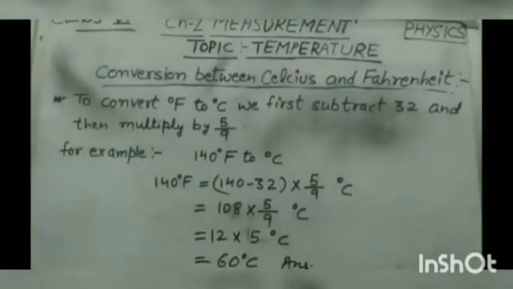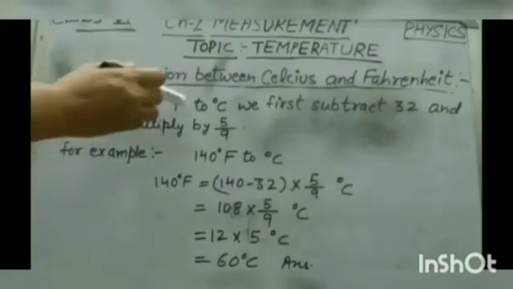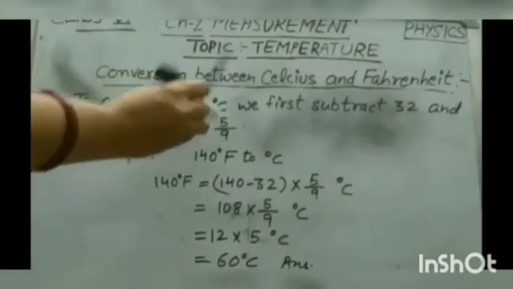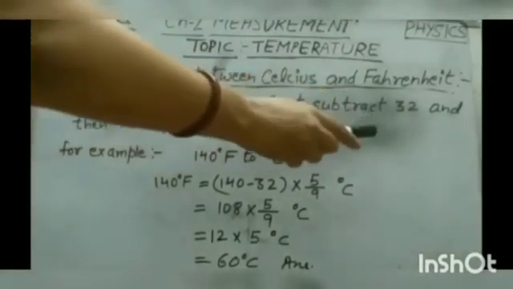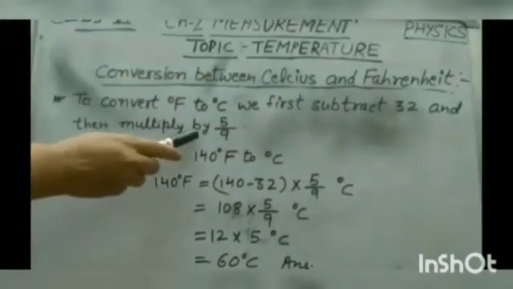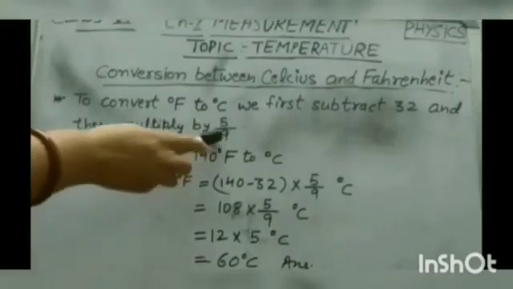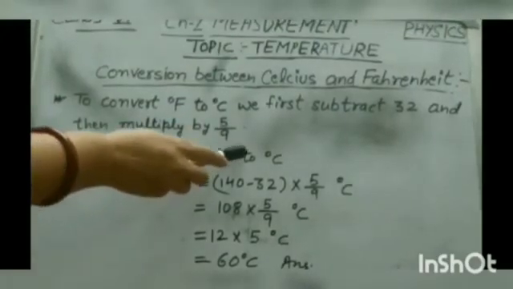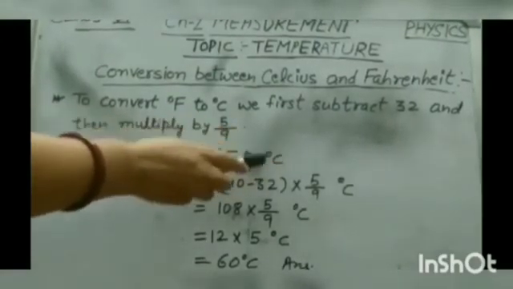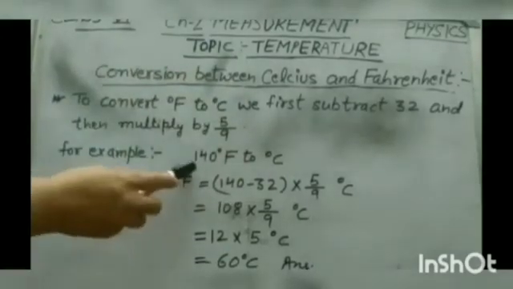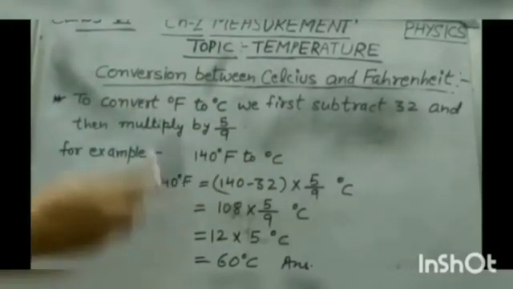And next one, to convert degree Fahrenheit to degree Celsius, we first subtract 32 and then multiply by 5 by 9. For example, we have to convert 140 degree Fahrenheit to degree Celsius. So we have the value 140 degree Fahrenheit.